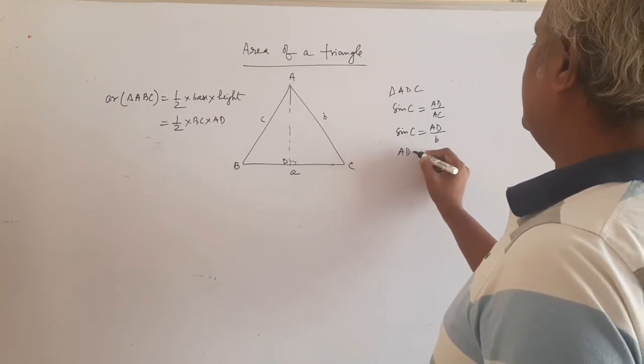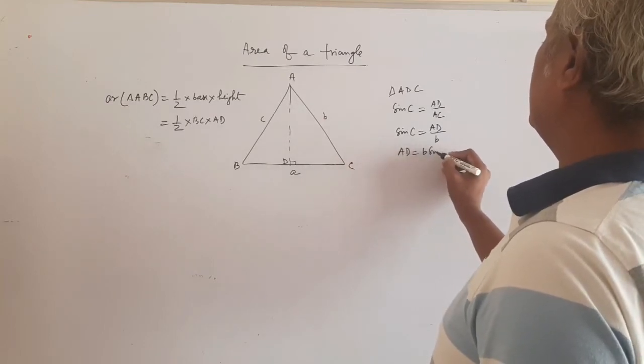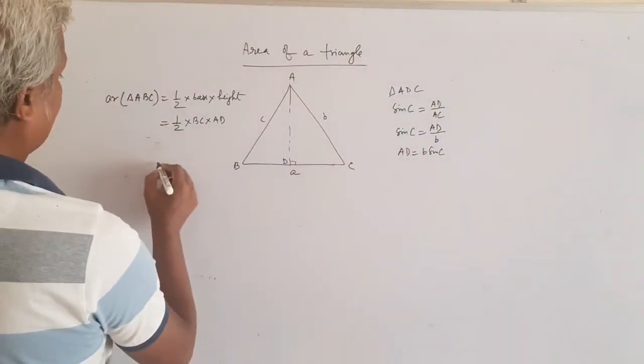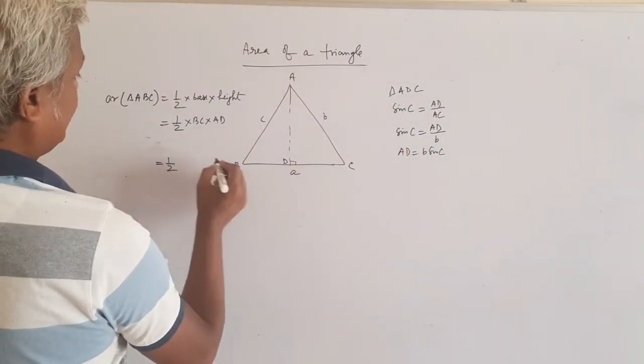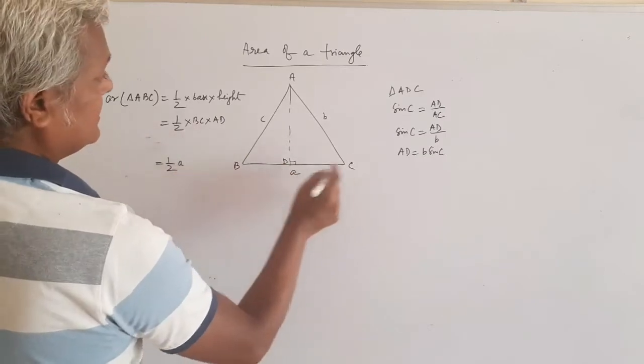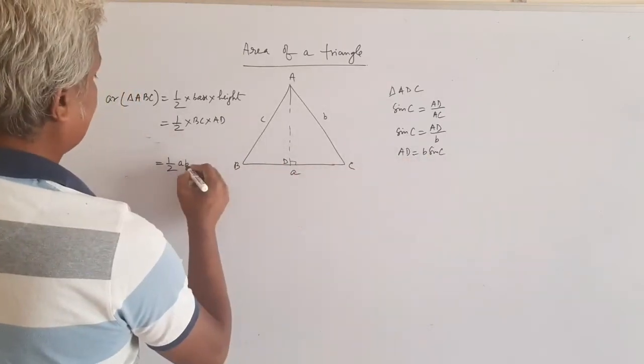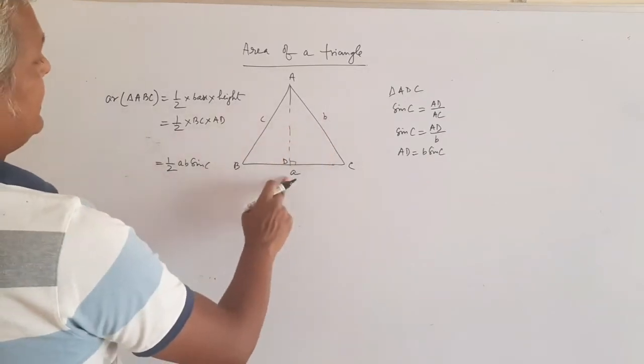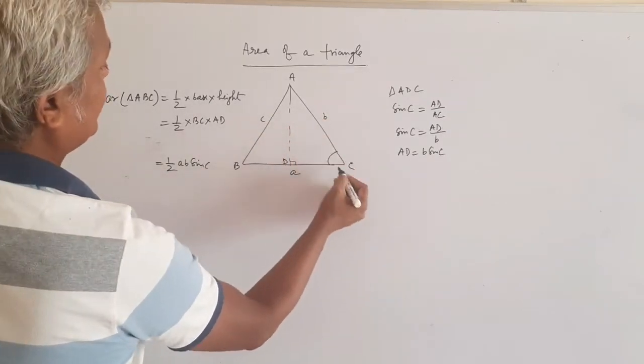So AD is b sine C. So if you use this, then you get the area of the triangle as half a into AD, which is b sine C. So half ab sine C. See, a, b and the sine of the angle between them.